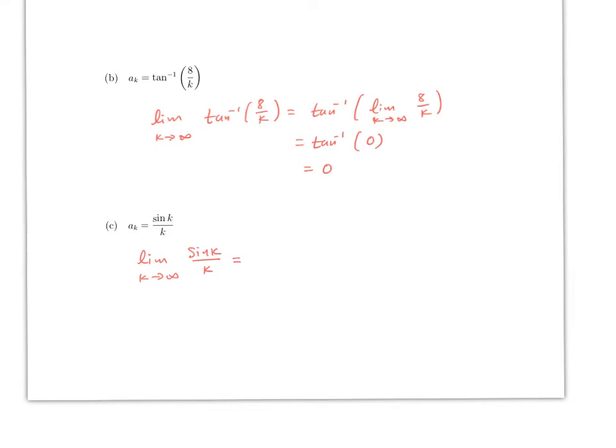So in this case, this is equal to 0, which is less than infinity, so therefore it's converging. So it's this one. Remember, the value doesn't matter for a sequence as long as it's not infinity or keeps oscillating.